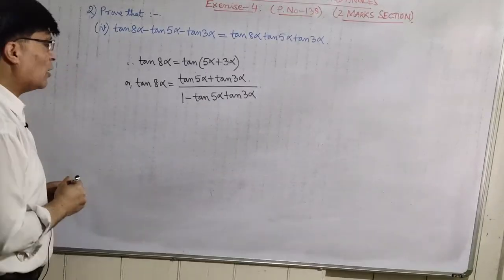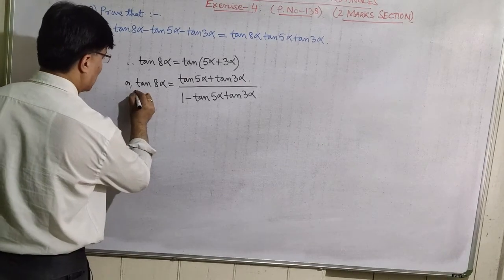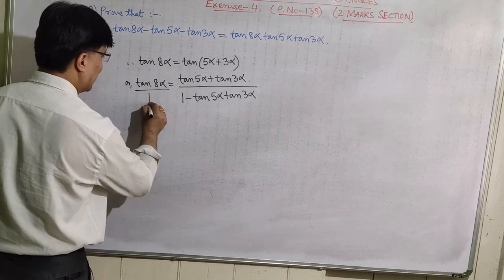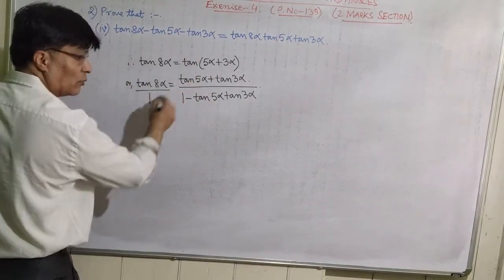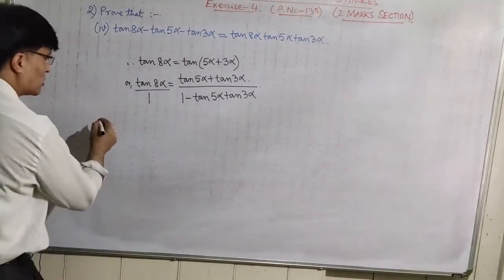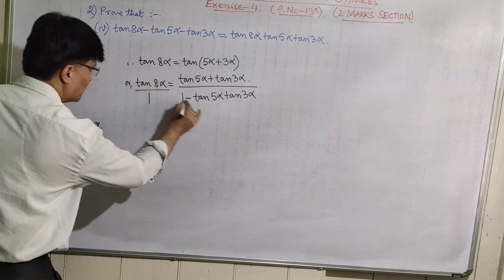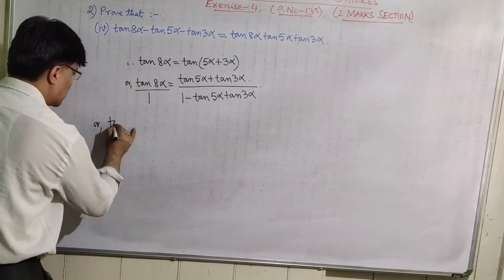Okay. So now what will you do in the next step? Below tan 8 alpha there is 1, so we can do cross multiplication now. Okay, so let's do cross multiplication. Cross multiply by tan 8 alpha first.